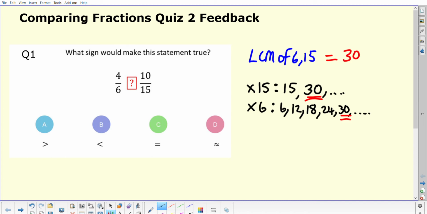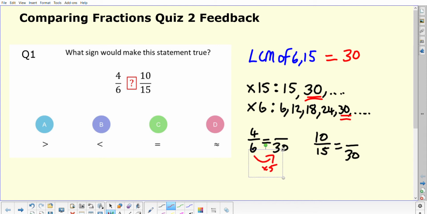What that allows you to do is then take each of these fractions and change them into 30ths. And then at that point compare them. So with that first one, to change 6 into 30 you would be multiplying by 5. That would mean the top number needs to be multiplied by 5, so you would end up with 20 on the top.